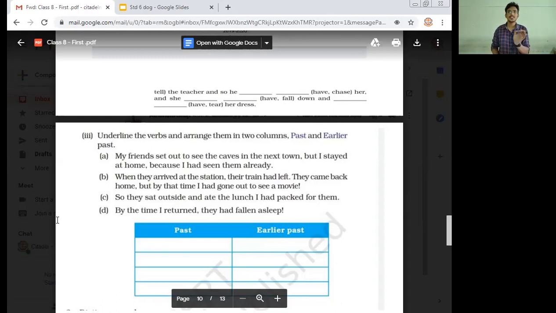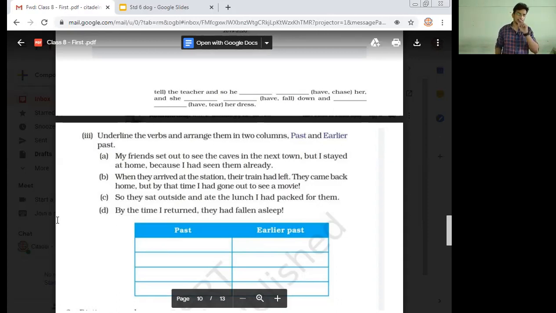So had seen, had plus V3, third form of the verb. So that is the usage of earlier past, that is past perfect. So had seen comes under earlier past. So you have to write had seen under the box called earlier past. Okay, so that is how we can write the first sentence.